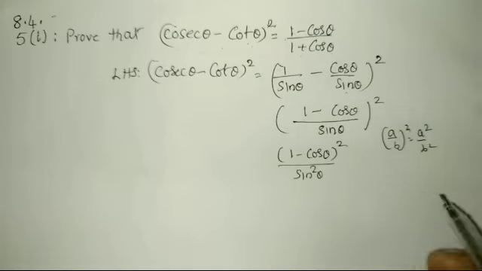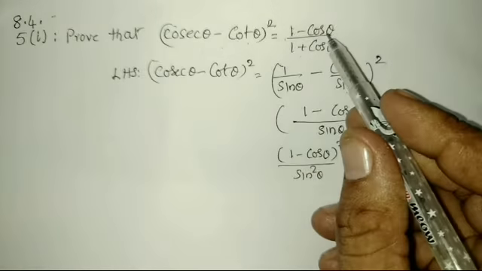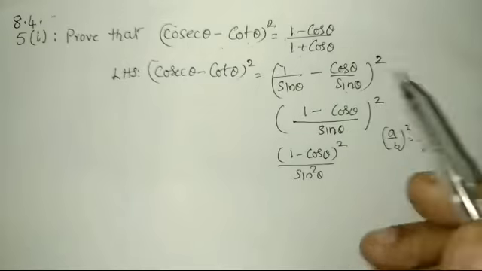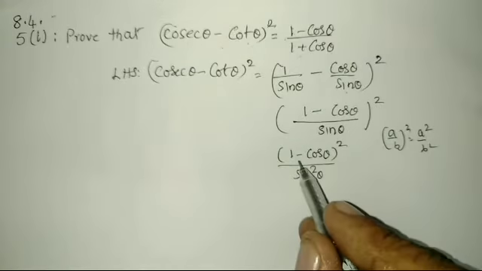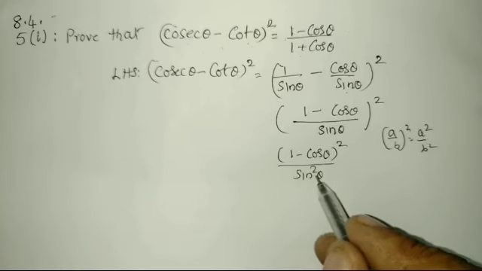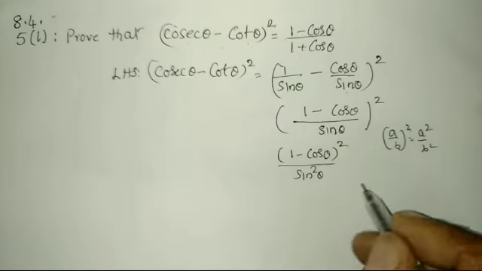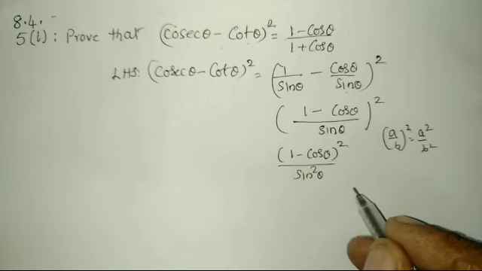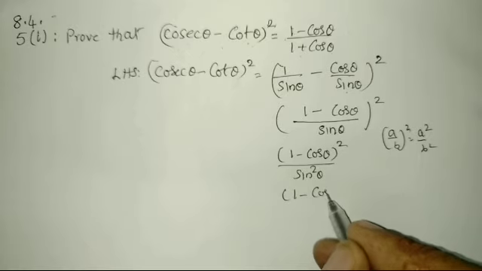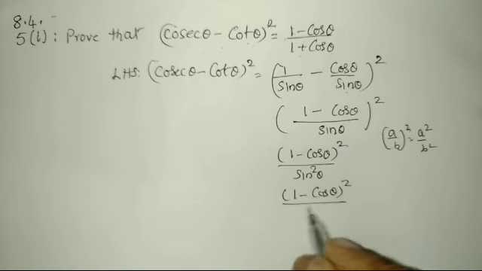Here in the right hand side, we have to show that left equal to (1 minus cos theta) by (1 plus cos theta). But here we got (1 minus cos theta) whole square by sin square theta. So now I am going to write this sin square theta in terms of cos theta. So we have a relation, that is sin square theta plus cos square theta equal to 1.